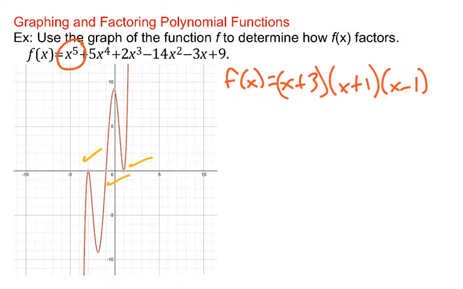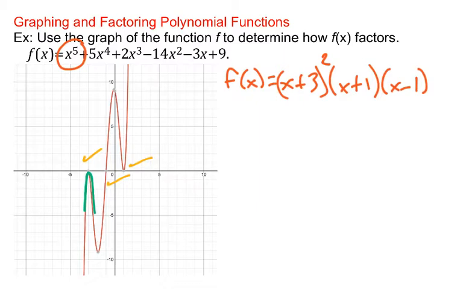Let's look carefully at the behavior of the graph at each 0. Notice, for example, that at -3, the graph touches the x-axis like a parabola. When that happens, that tells me that the power on the factor must be even. So let's conjecture, just to start with, and we'll see how this nails home in a minute, that the power on the x plus 3 must be x plus 3 squared to get that general shape.